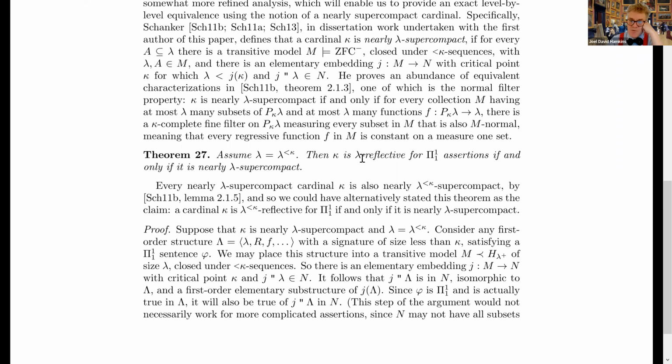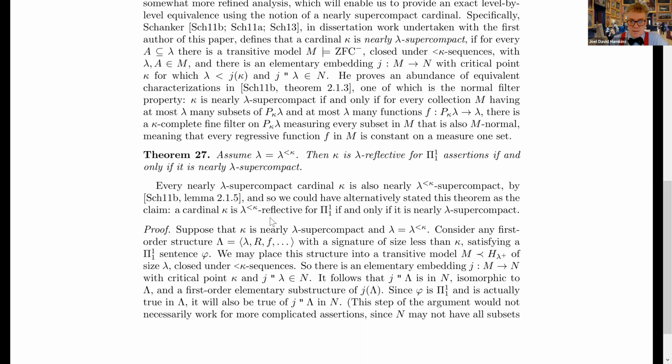So being lambda reflective for pi11 is equivalent to being nearly lambda supercompact, using a notion that was introduced by Jason Schanker in his dissertation about 10 years ago. So nearly supercompact is like a weak compactness version of supercompactness where you have a normal fine filter that measures up to lambda many subsets of p kappa lambda and lambda many functions from p kappa lambda to lambda.